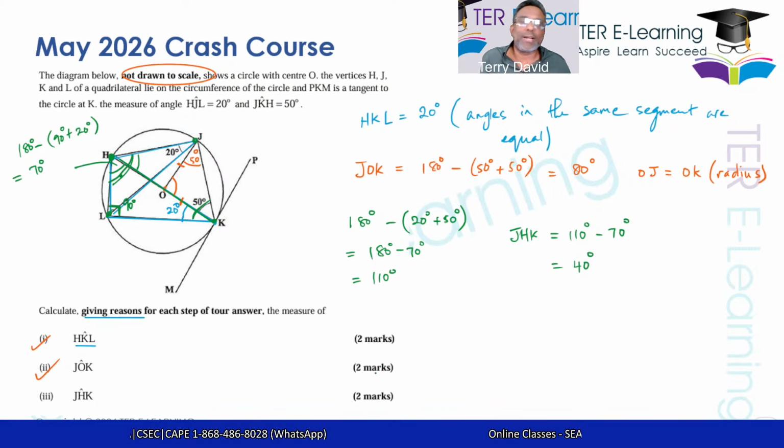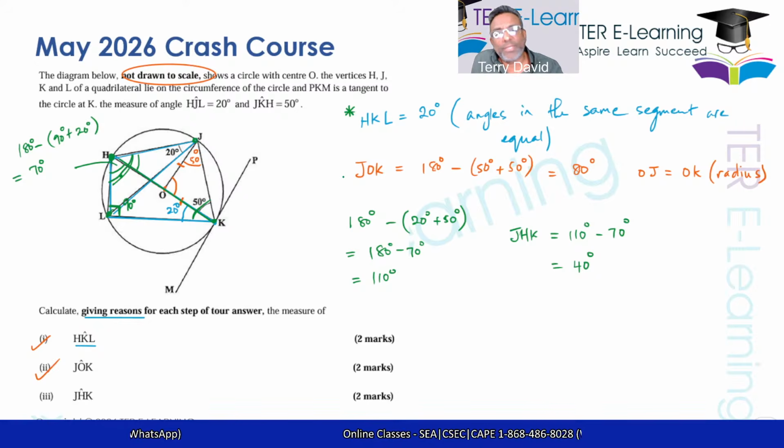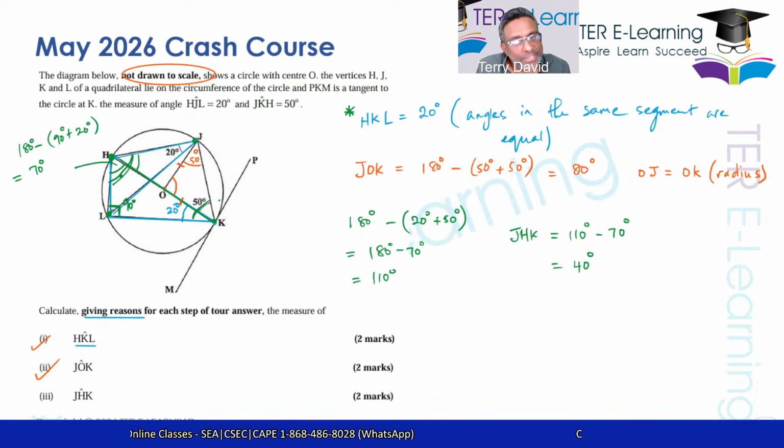Yeah, you could have used that. Actually, yeah, it does. Some of you are saying that HKL is 20. Let me make sure I tell you this correctly.